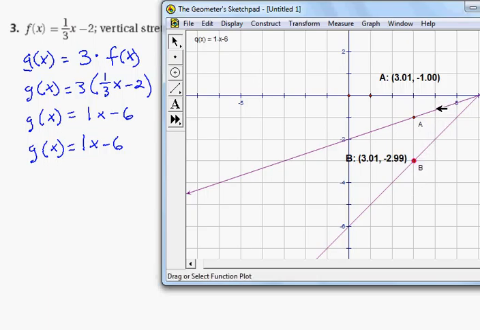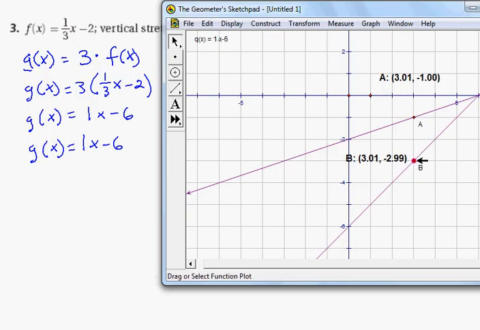So as you can see, for this particular x coordinate, they're both at 3.01 or 3. And the y coordinate here is -1. The y coordinate here, for all intents and purposes, is -3, which is 3 times greater than the y coordinate here. So our y coordinate has basically increased by a factor of 3. Okay, and that's what we're trying to do.